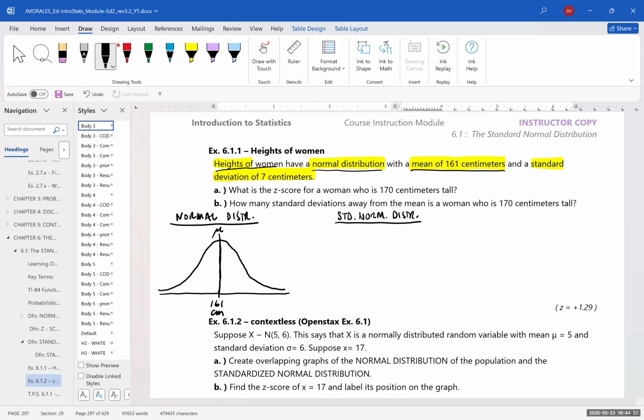So if we go one standard deviation up, that means we're going to add 7. That'll give us 168 centimeters there. And if I go in the other direction and subtract 7, then that's going to be 154.